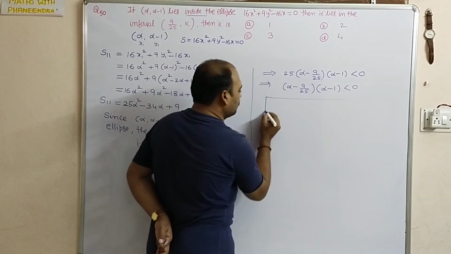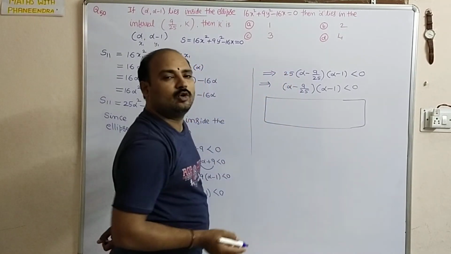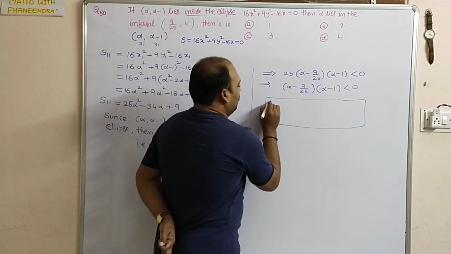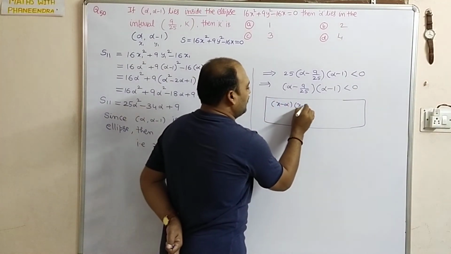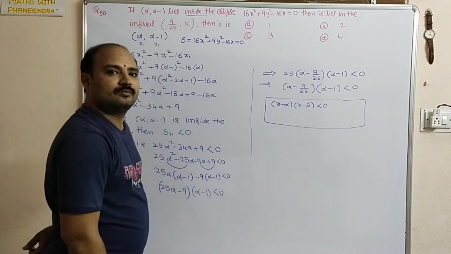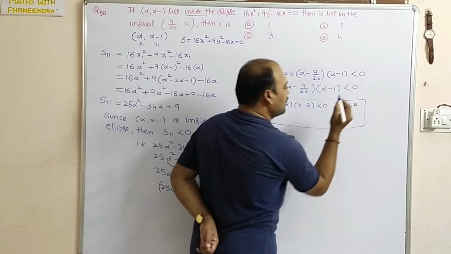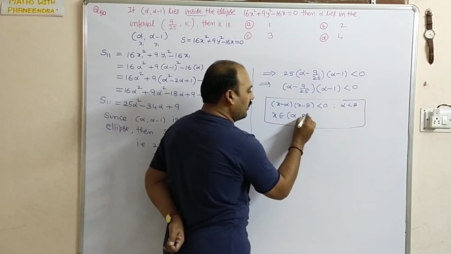We know one important formula that we discussed in domain and range in the functions. (x minus alpha) into (x minus beta) is less than 0, when alpha is less than beta, so x value lies between alpha and beta.